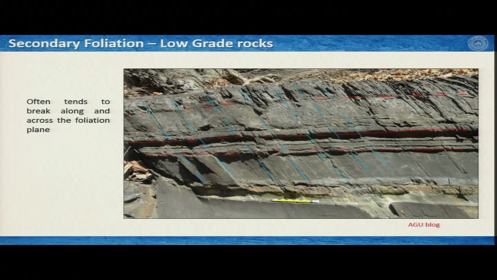At the same time, the rock also tends to cleave or break or fracture along this. So, I will just wipe this one out. You can see here that it got some sort of fracture here, here. Most of the fractures are along these blue lines. Now, these are your secondary fabric or secondary foliation, whereas the red ones are your primary fabric or primary foliations.